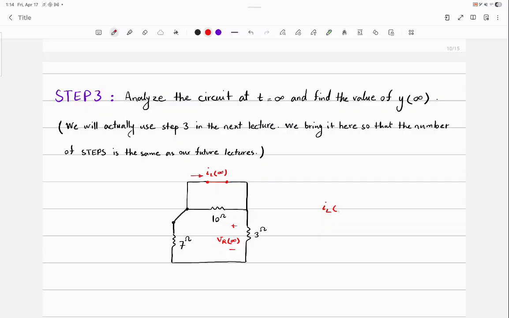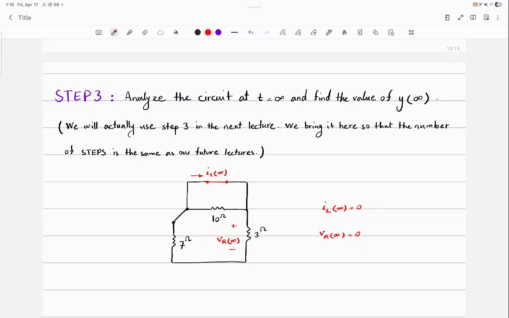Because there's nothing going on. It's like you have connected a bunch of resistors and put them on the table, not connected to anything. Done. This is the third step.